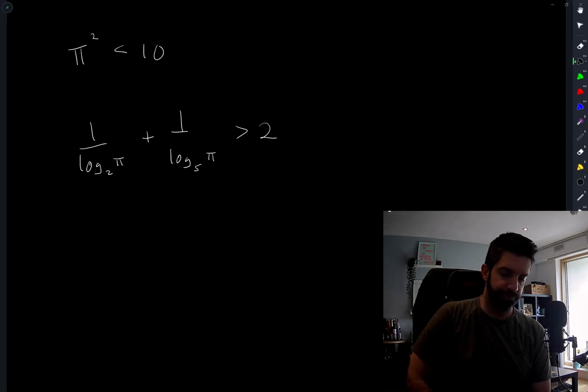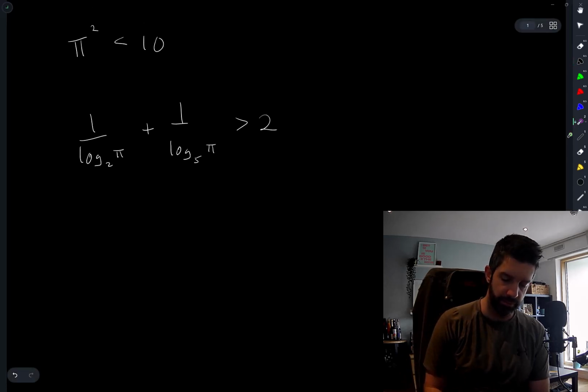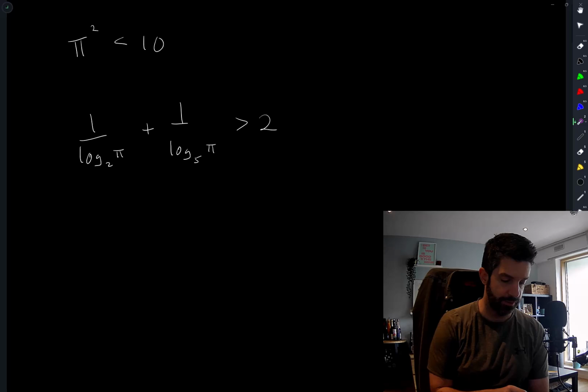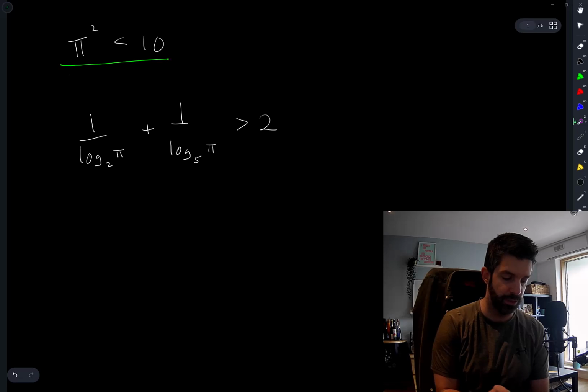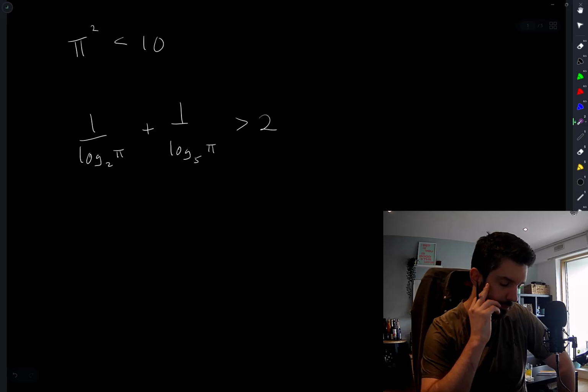So first, a couple things come to mind. The first is I'm going to rewrite these in terms of log 2 divided by log pi, log 5 divided by log pi, something similar there. Then I'll have something written with a common denominator, and maybe I can manipulate things and use this somewhere.